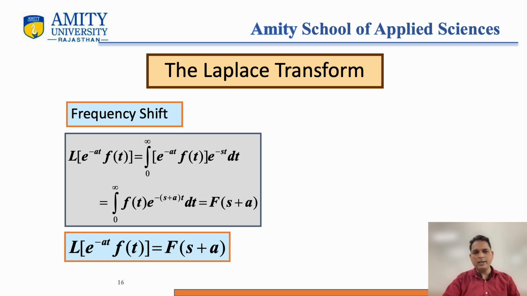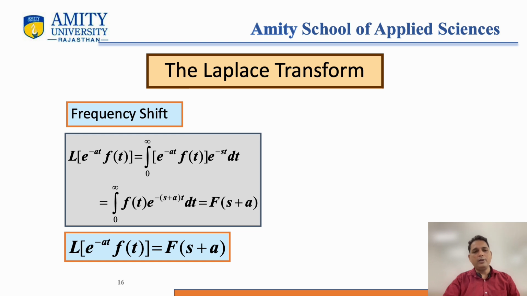So if we go for the basic definition of Laplace, we know that F(s) is equal to the integral from 0 to infinity of e^(-st) f(t) dt. But in the second line of this slide, we have seen that in place of s, we have s plus a. So it will be equivalent to F(s plus a). It is widely used. The reason is that when we have a Laplace transformation of some function f(t) equivalent to f bar s, that means you know the formula for the value of Laplace of f(t).